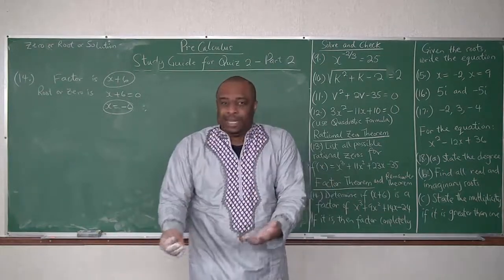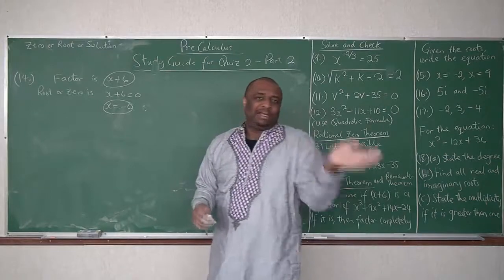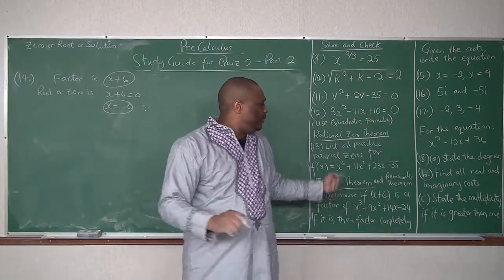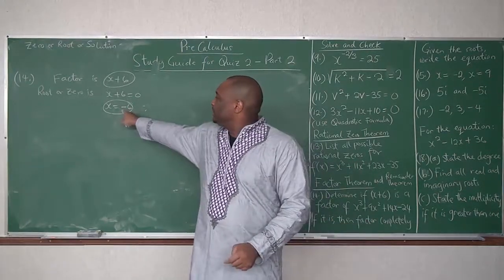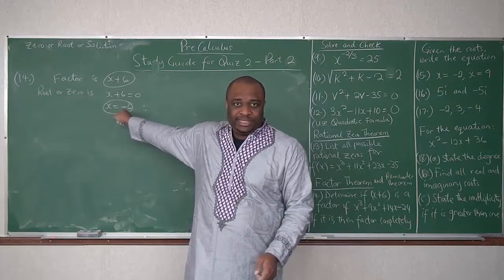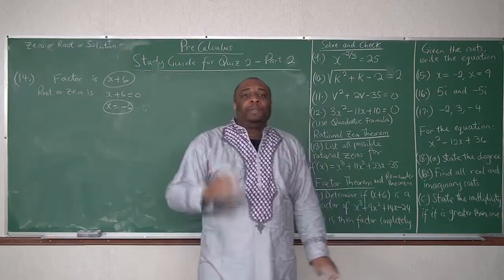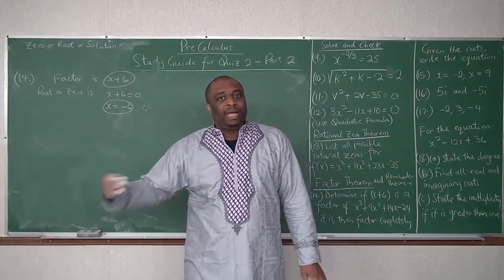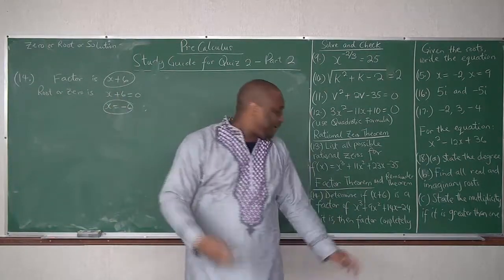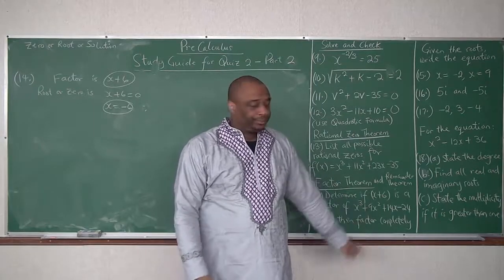So how do we know that? There are several ways we can do it. We can substitute this 0 in the polynomial function. If it gives us 0, that means that x plus 6 is a factor of this.